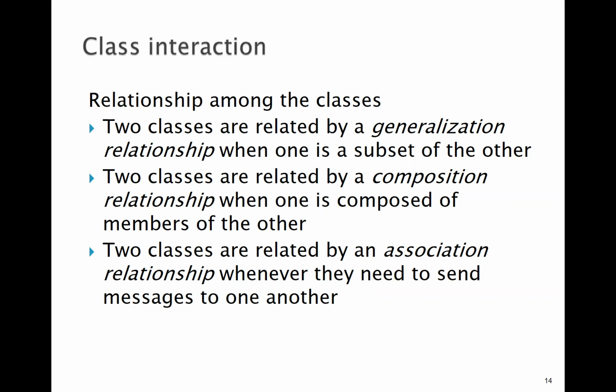If a class is composed of members of other classes, then we have a composition relationship. And if one class sends a message to another, or receives a message from another, it is an association relationship. So these three relationships should be somehow represented in the class diagram.